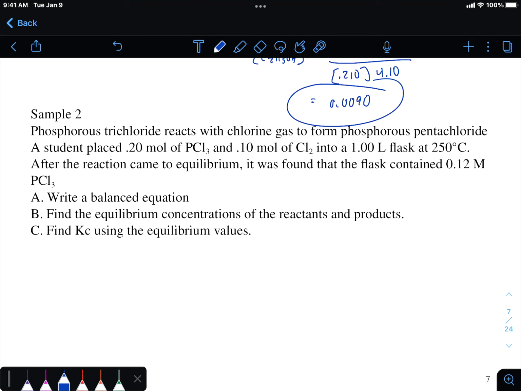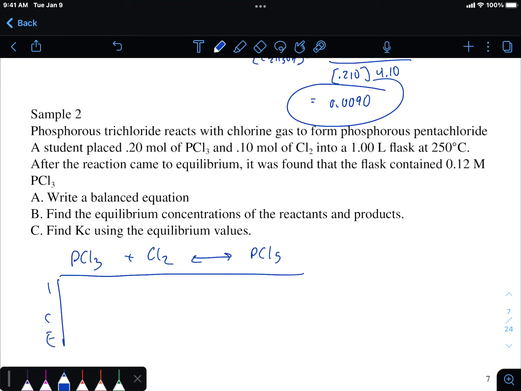Another example. Phosphorus trichloride reacts with chlorine gas, PCl3 plus Cl2, to form phosphorus pentachloride, PCl5. A student places 0.2 moles of PCl3 and 0.1 mole of Cl2 into a 1 liter flask. After the reaction came to equilibrium, it's found that the flask contains 0.12 molar PCl3.